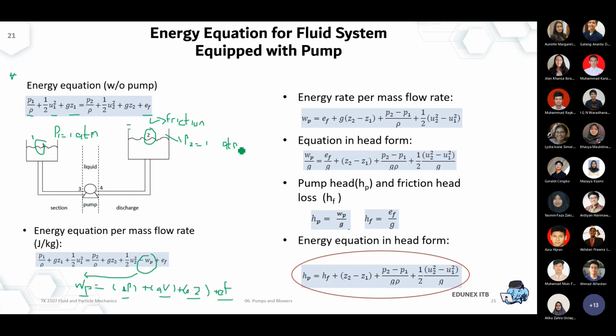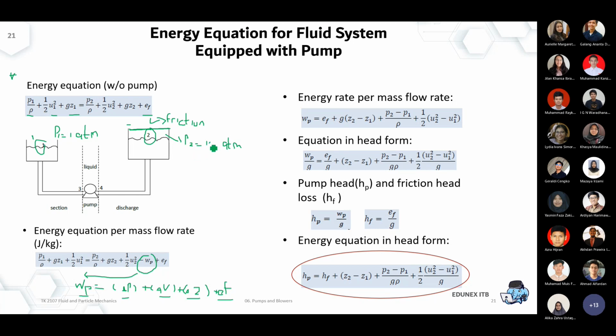But if in the exam or in the book you find that the other tank is closed, it could be a pressurized tank. If it is a pressurized tank, then P2 has to be given in the example.